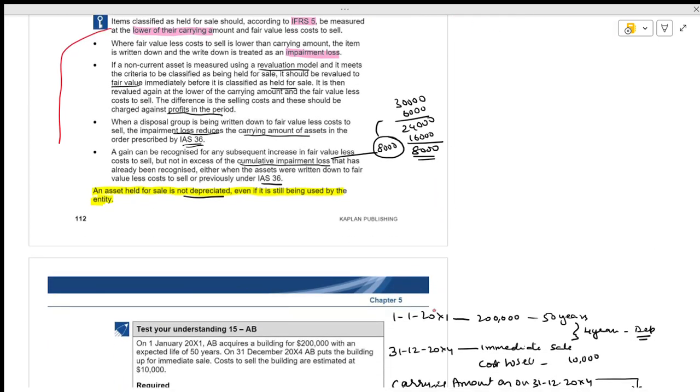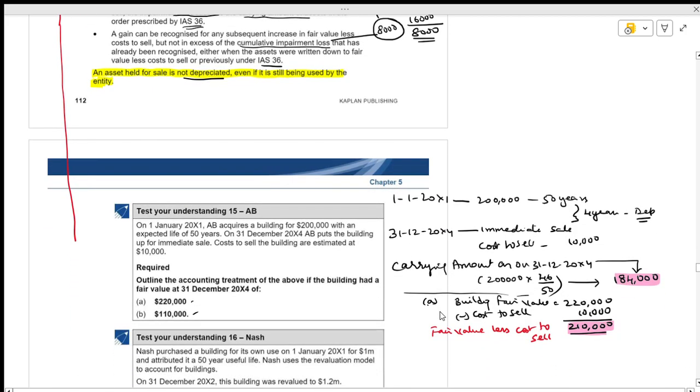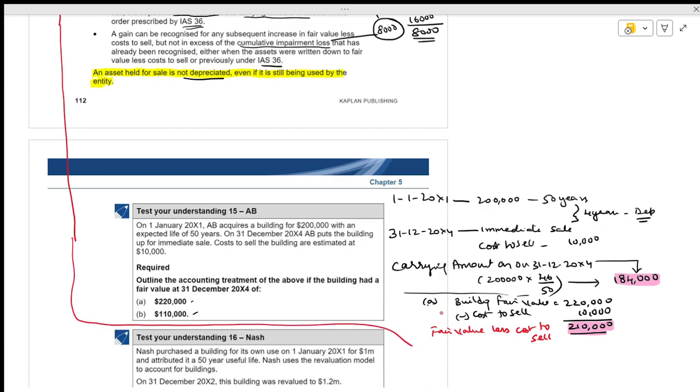Make it a point, it is very important. That is the reason I am taking this. Based on this condition, we have to take the lower of the two. The lower amount is how much?